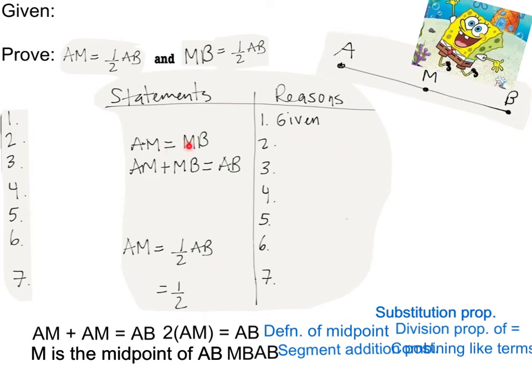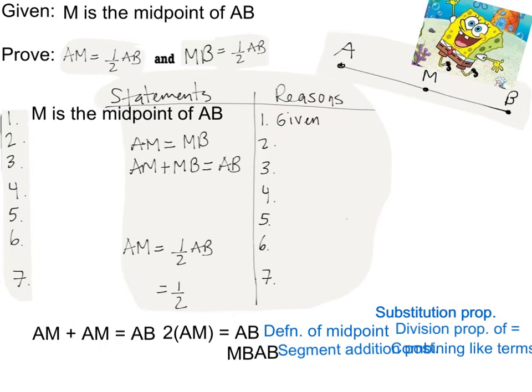Now, you don't need a two-column proof unless you're asked to prove something, but there always has to be given information, and from the theorem, I hope you remember that the given information, or the hypothesis, was suppose that M is the midpoint of AB, so M is the midpoint. Now, the first part of the two-column proof is also the given information, so I can pull M as the midpoint right up there as well.